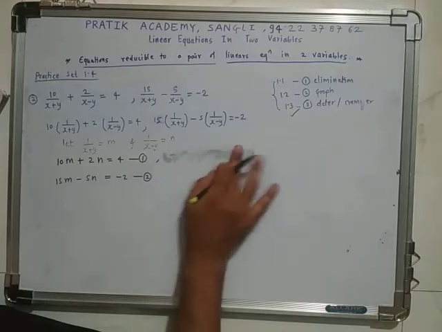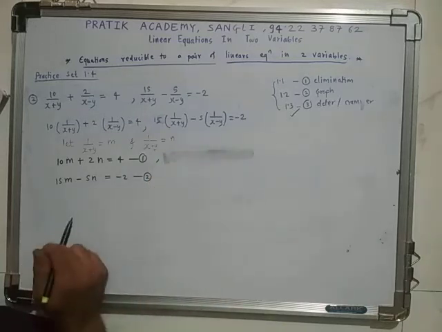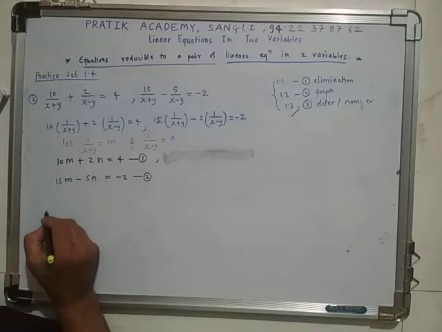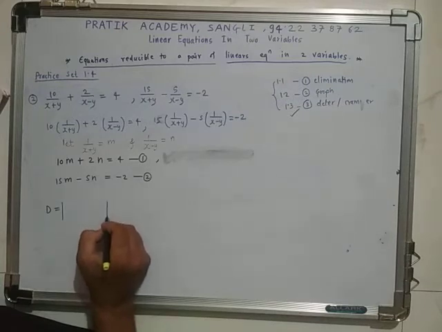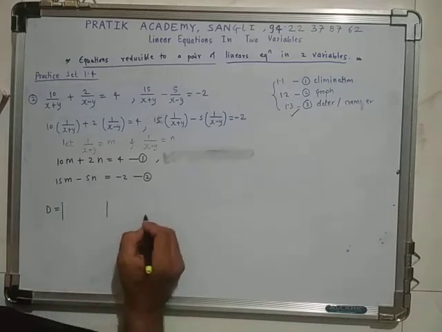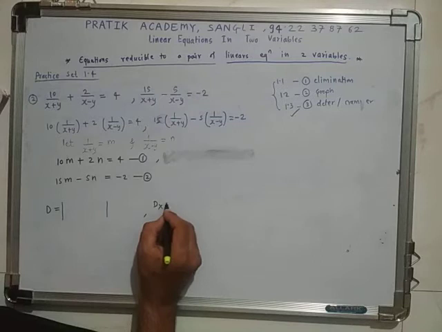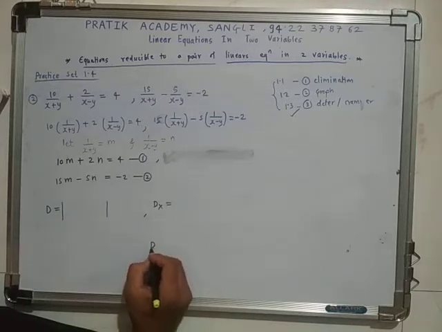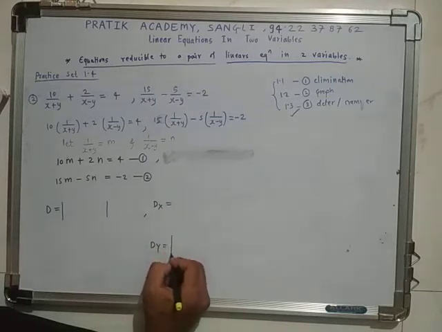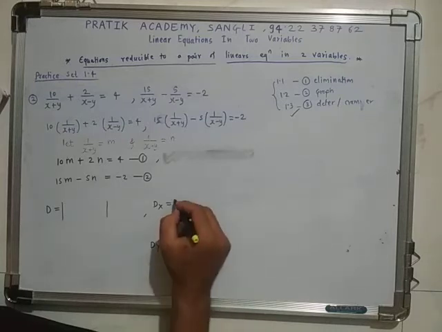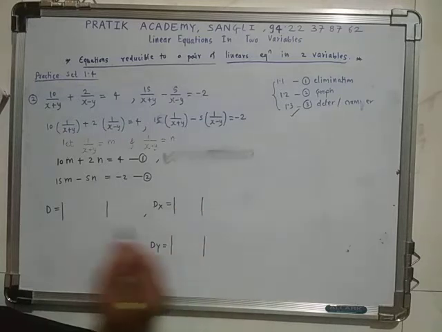Then what will happen? By determinant method we want to know the value of D, then the value of Dm, and then Dn. These three determinants we want to know.